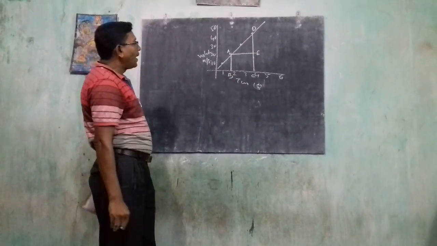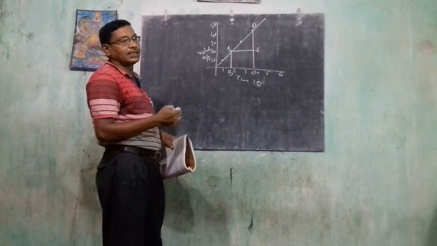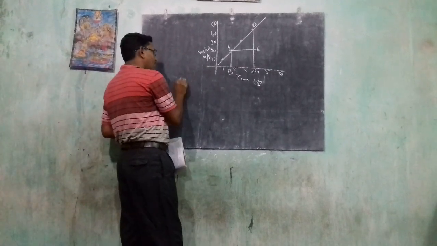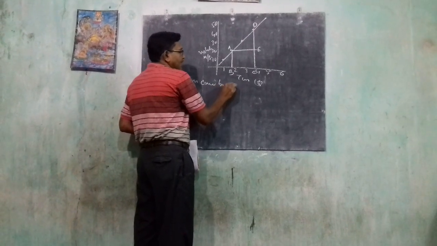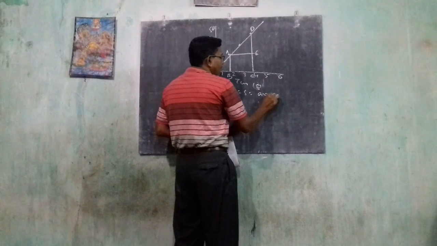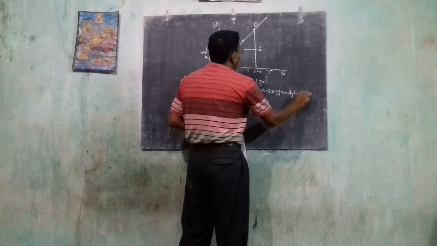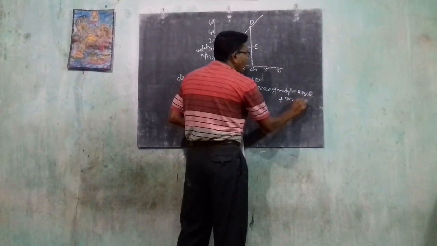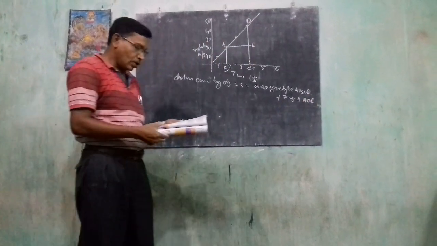Now we can find the distance. What is the area? How much distance can be covered by the object? Distance covered by the object S equals the area of rectangle ABCE plus the area of triangle ADE. This much distance can be covered.